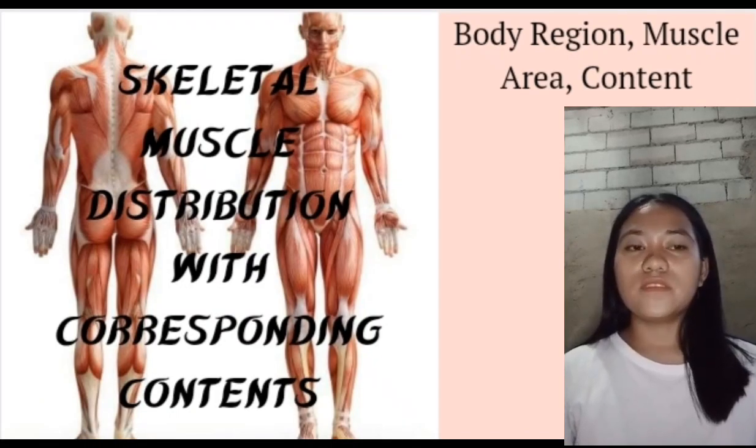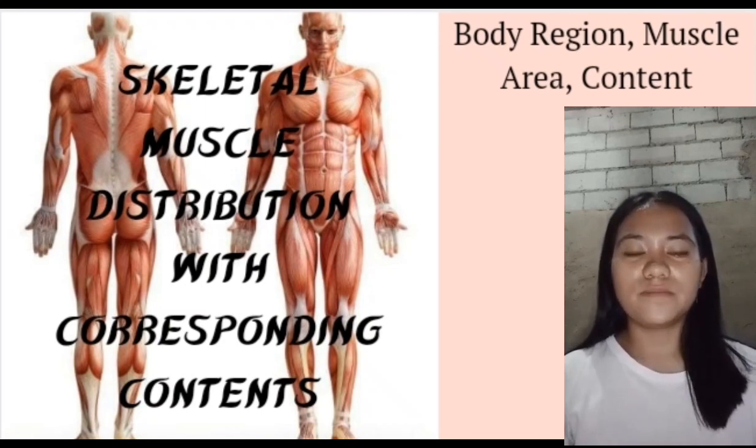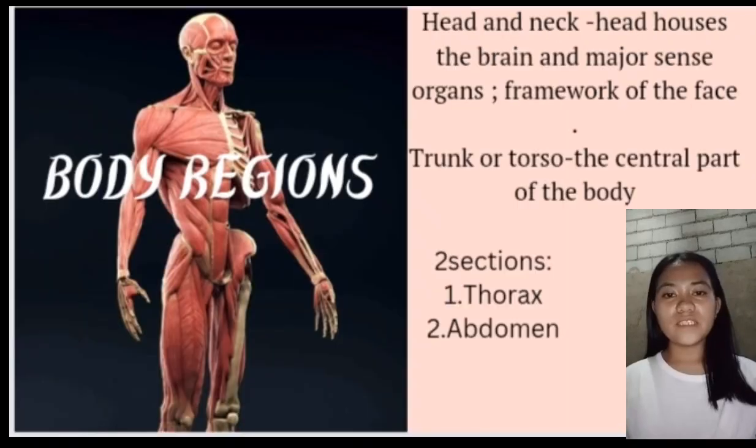Skeletal muscle distribution with corresponding contents: body region, muscle area, and content. Skeletal muscle distribution refers to the way in which skeletal muscles are arranged throughout the body. Body regions: head and neck. The head houses the brain and the major sense organs, and the framework of the face.